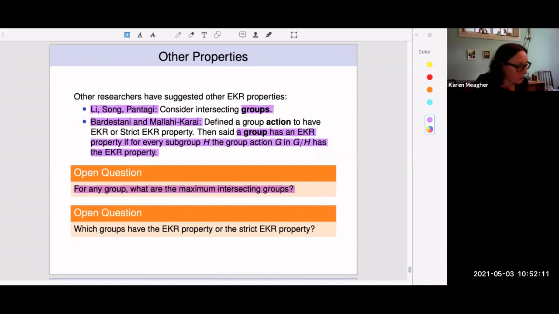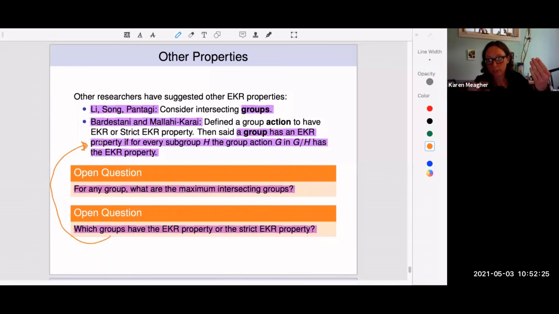And then which groups have the EKR property or the strict EKR property? And by groups, I mean by their definition. They're able to show that if any group has the EKR property, so any subgroup, any action, it always has the EKR, then your group is going to be solvable, which is sort of surprising, which I thought was nice.